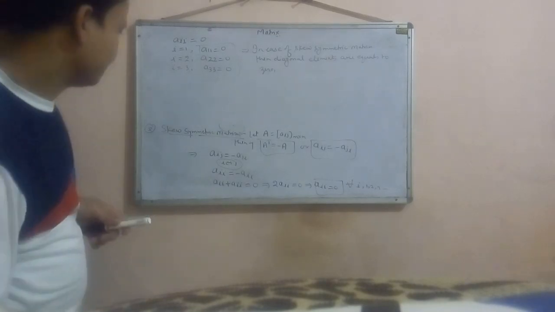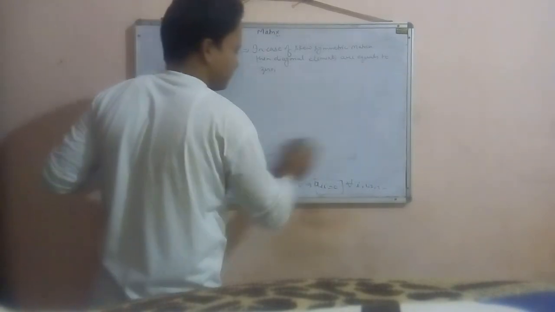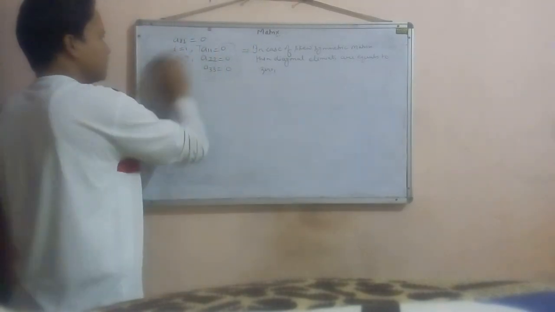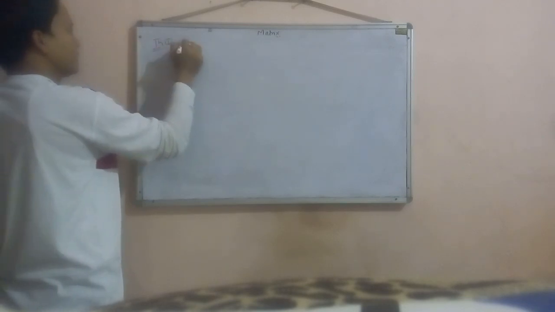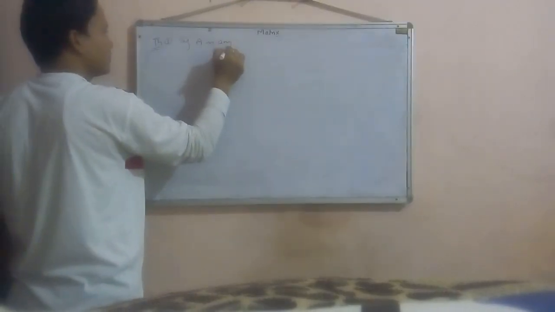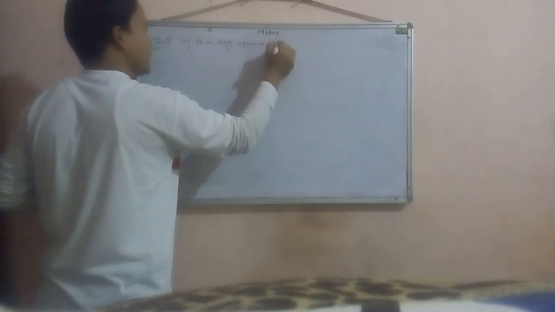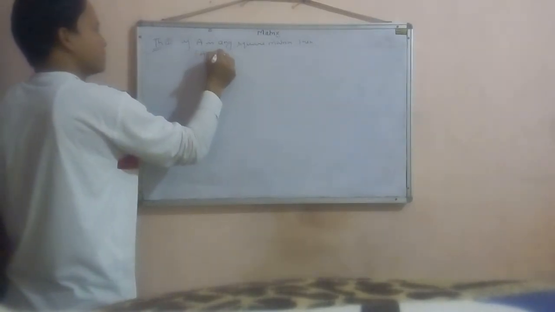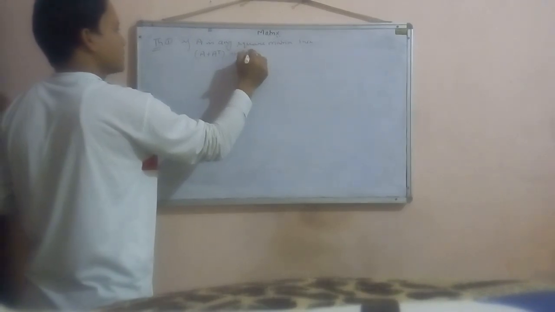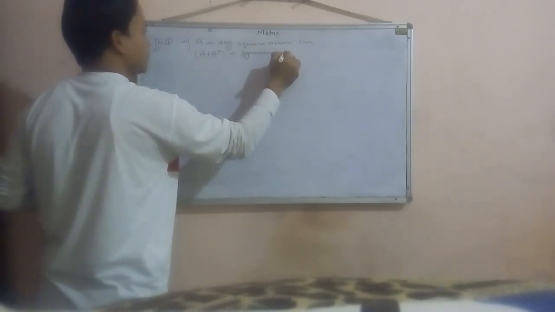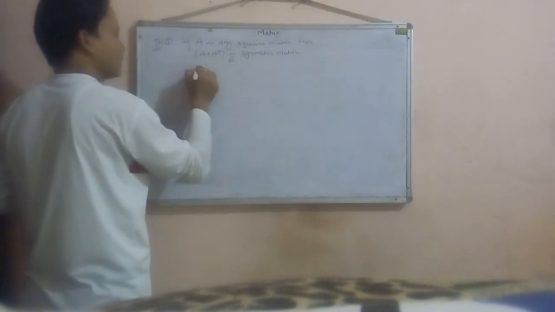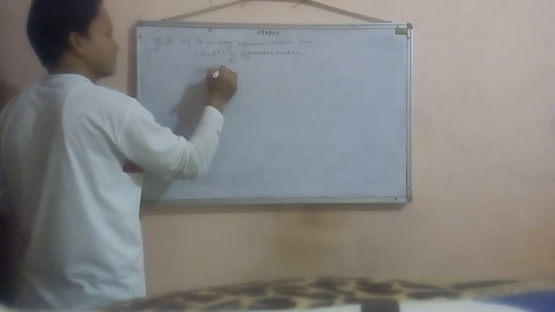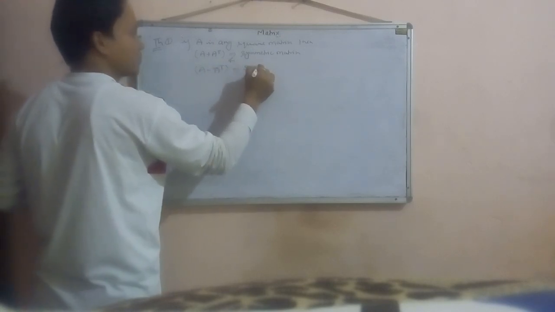Okay students, now our next topic: every square matrix can be shown as a sum of a symmetric and a skew symmetric matrix. What is the theorem?